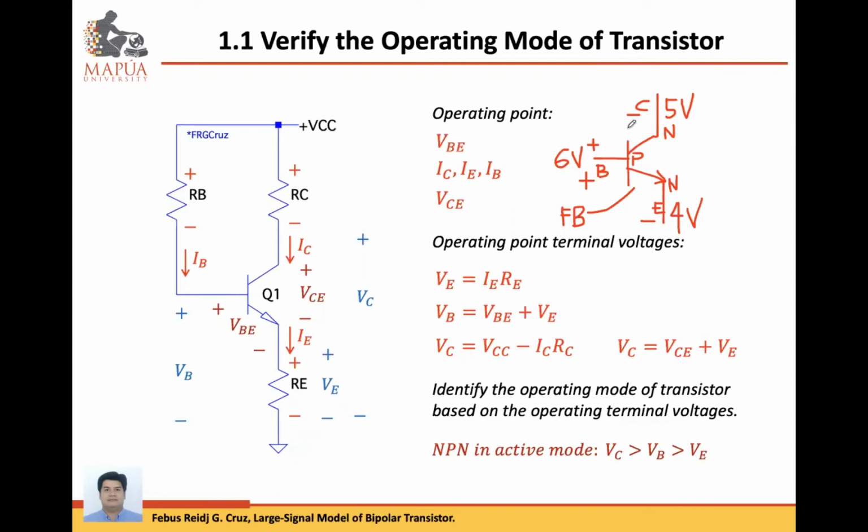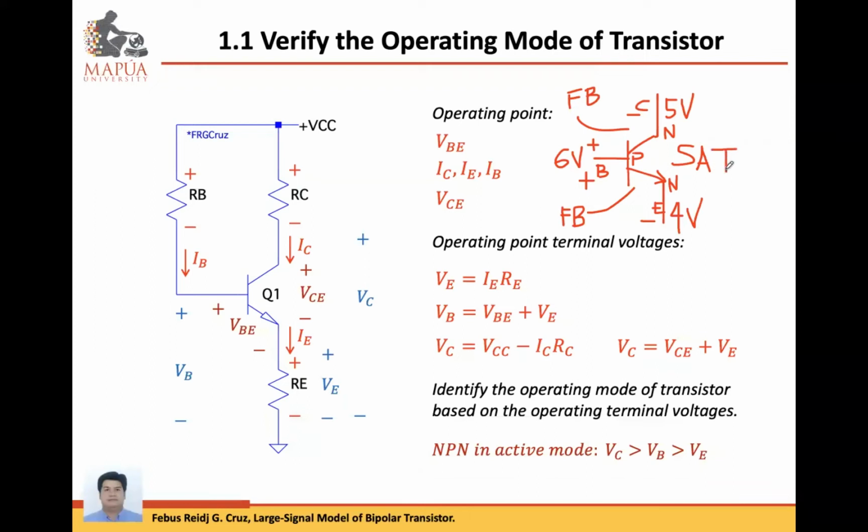So that means base collector junction is also forward biased. And when the two junctions are forward biased, then we can say that this transistor actually operates in the saturation mode.